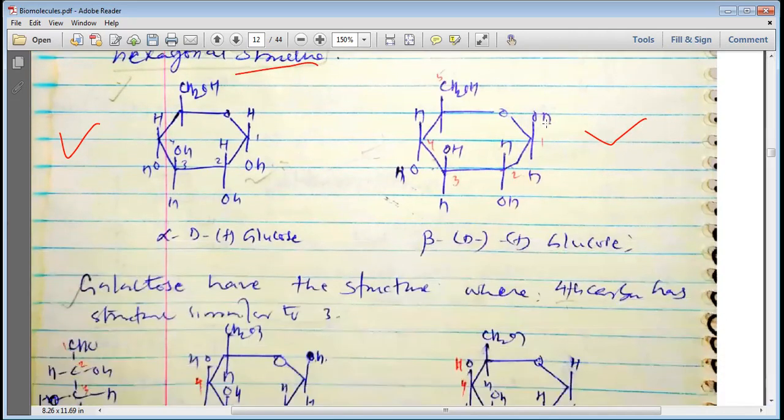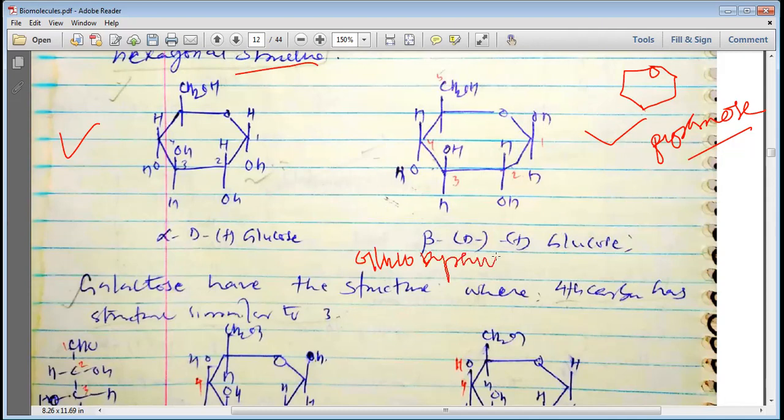As this glucose has the pyranose ring, this kind of compound is known as pyranose, and that is why glucose in the alpha D form or beta D form is also known as glucopyranose. This structure of carbon is known as the pyranose structure, and that is why this is glucopyranose.